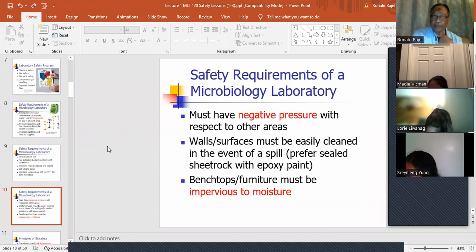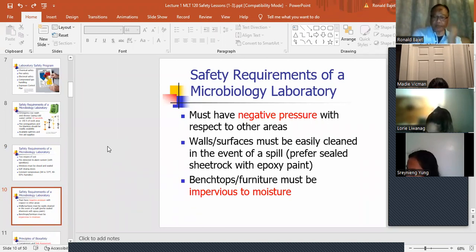Negative pressure means you have more air leaving the room than air coming in, okay? And positive pressure is more air coming in than the amount of air going out, being exhausted.